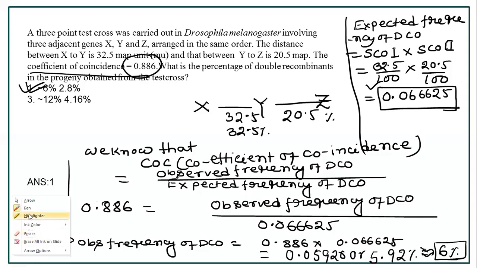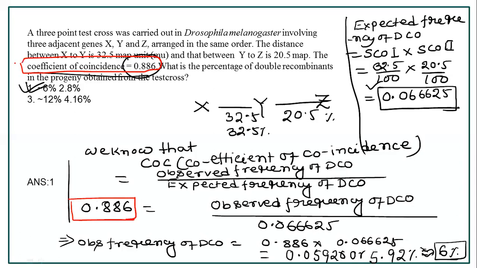You have to find the observed frequency of DCO, which is the double recombinant progeny in the test cross.